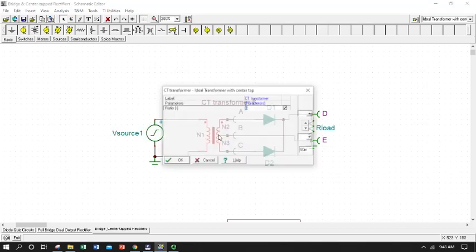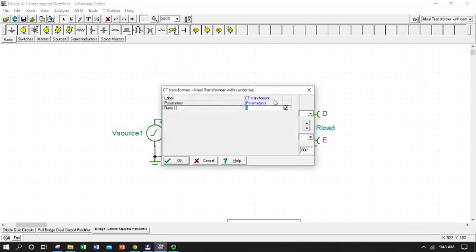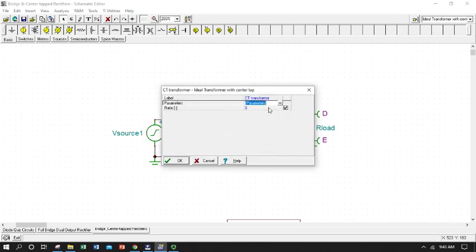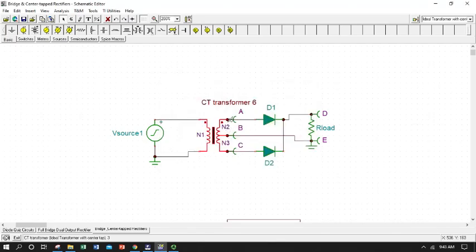And let's see what our ratio is on our transformer parameters. Oh, excuse me. This is the ratio. So this is the ratio by definition secondary to primary. So we should be increasing our voltage output by a factor of 6. So we would expect 6 volts total from our node A to our node C.